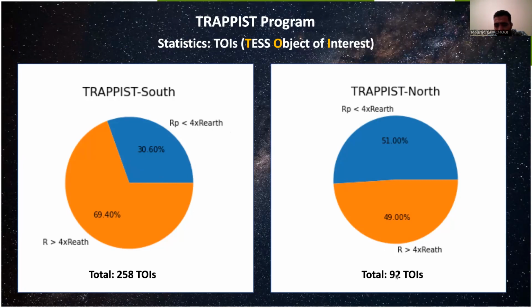And more than 92 TESS objects of interest with the TRAPPIST North telescope, and more than 50% of these candidates are terrestrial planets with a radius smaller than 4 times the radius of the Earth. So they are super-Earths or sub-Neptunes.